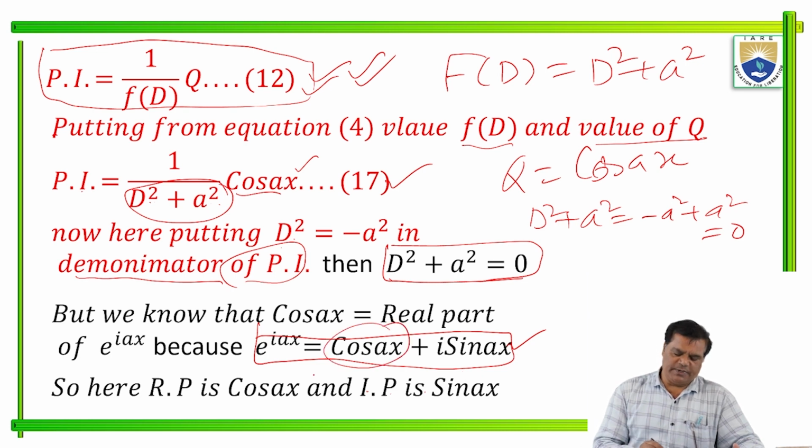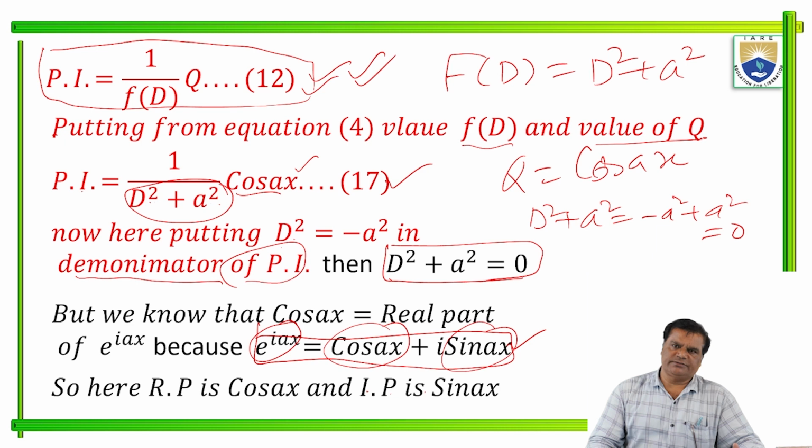Cos Ax is the real part and sin Ax is the imaginary part, because sin Ax is multiplied with i. Cos Ax is a real value and sin Ax is an imaginary value. So the real part of e to the power iAx is cos Ax and the imaginary part is sin Ax.